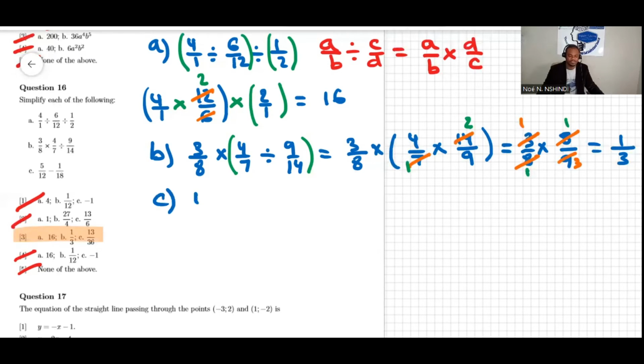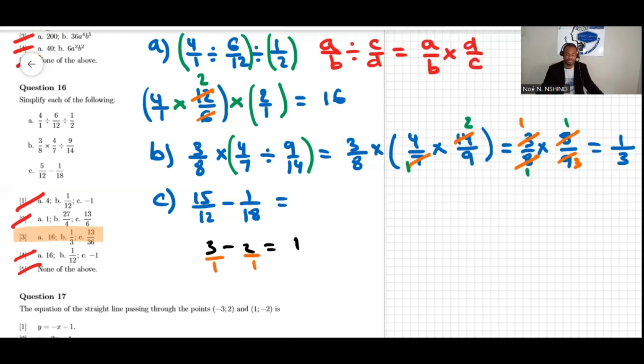It's 15/12 minus 1/18. When you handle fractions, we need to find the common denominator. The denominators in this case are not the same, so we cannot solve this directly. Let me give you an example. If I ask you 3 minus 2, you would say the answer is 1, just because the denominators were common, 1 and 1.